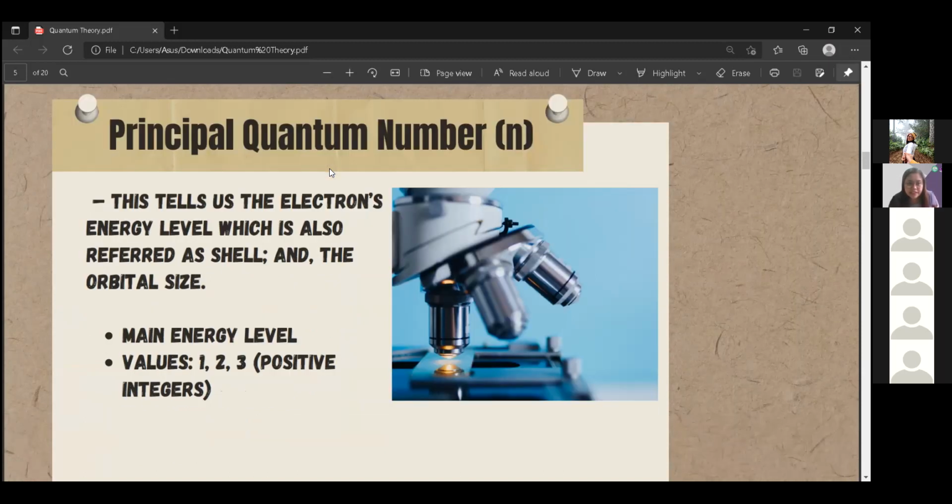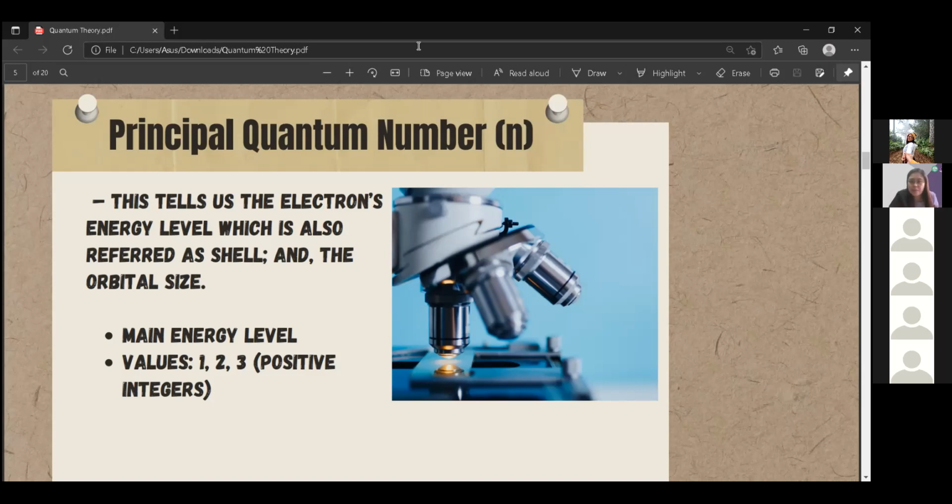Okay, small letter n. Now ano ba ang nire-represent ni principal quantum number? Itong principal quantum number represents the main energy level occupied by the electron. So main energy level or yung shell na tinatawag. Nire-represent niya din yung size ng ating electron.